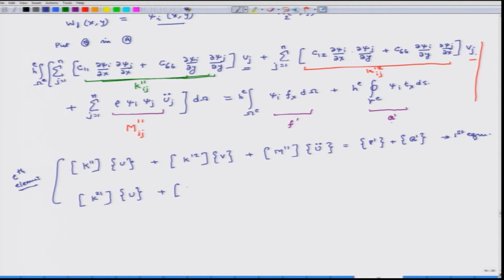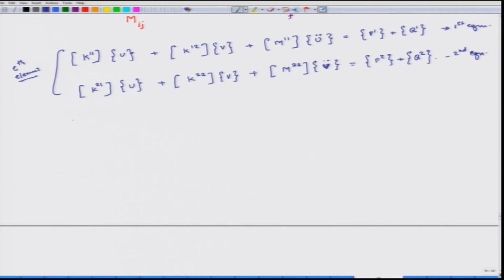So, this is K22 V plus M22 times the second time derivative of V equals F2 plus Q2. So, this is the second equation.